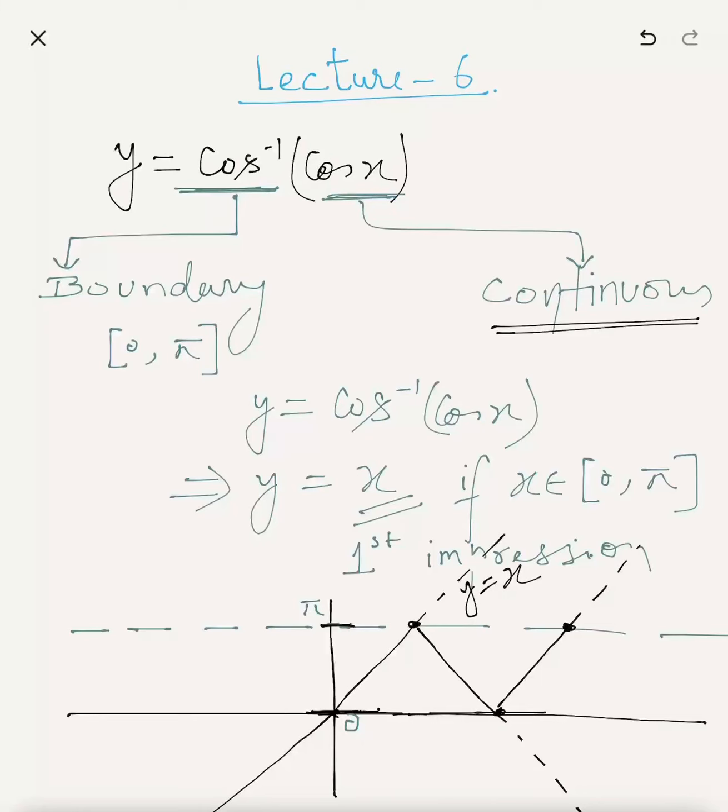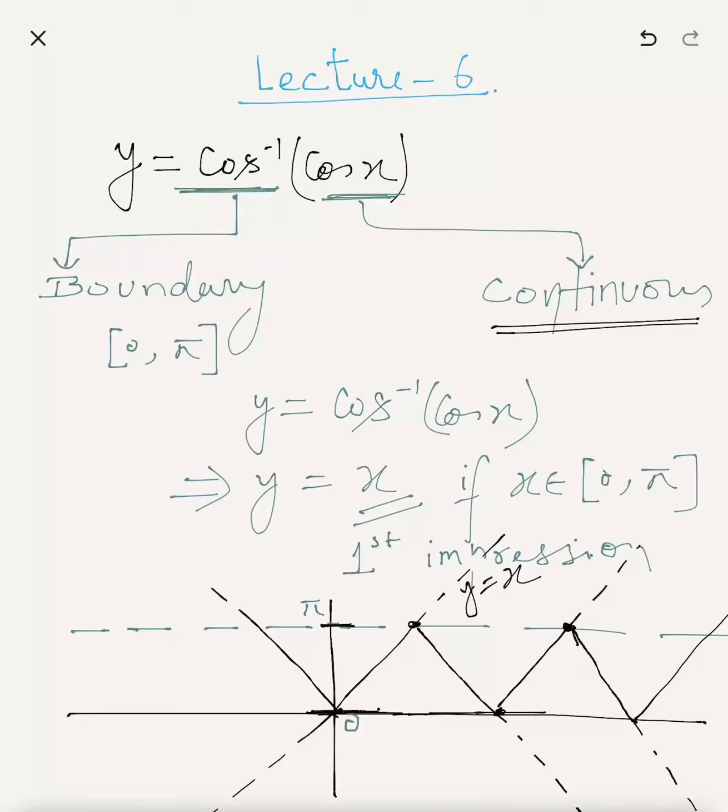Fold it here. Again this will go outside. Remove it, fold it, and it goes on. In the same fashion we can do on the left of y-axis. We will remove this part and fold it at this boundary, so it comes out to be like this.